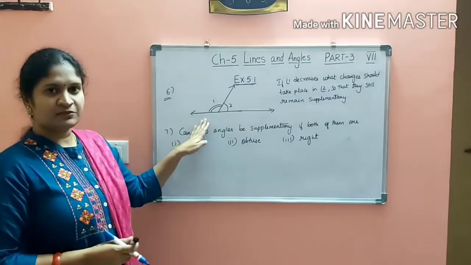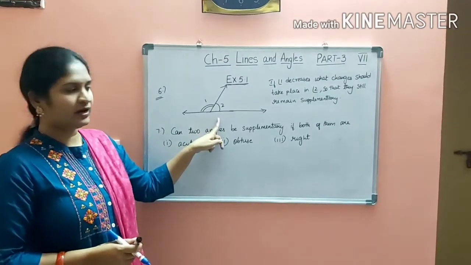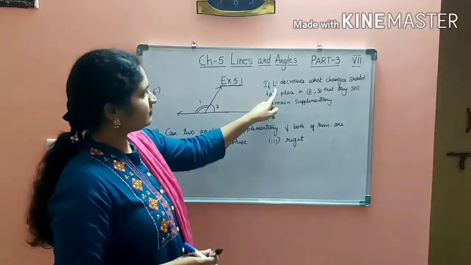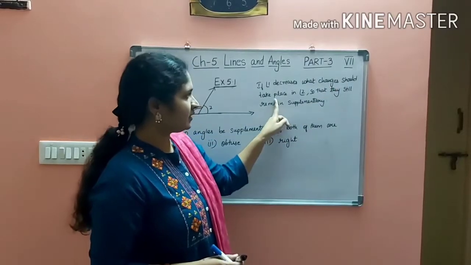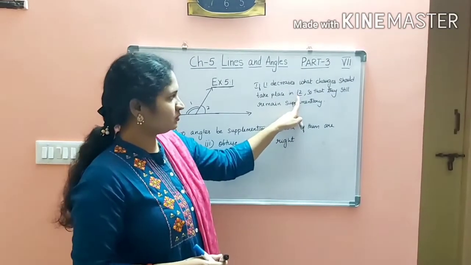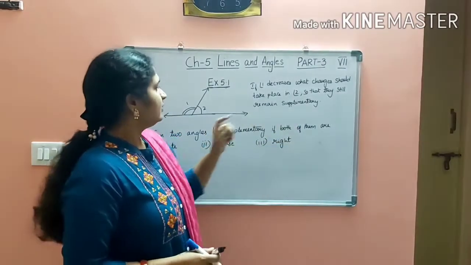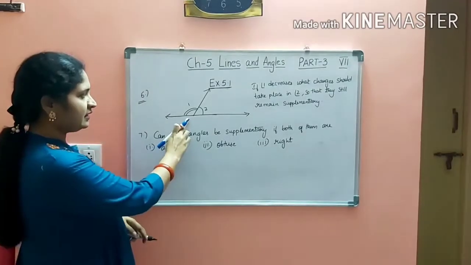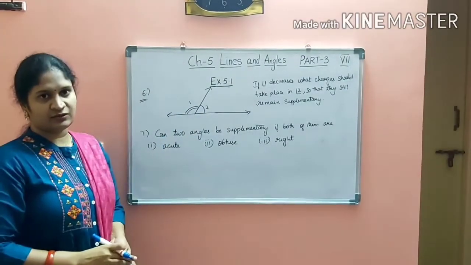Coming to sixth problem, children. Here they have given angle 1 and angle 2 are supplementary angles. Let us see the question. If angle 1 decreases, what changes should take place in angle 2 so that they still remain supplementary? So, if angle 1 reduces, here clearly angle 1 is an obtuse angle and angle 2 is an acute angle.